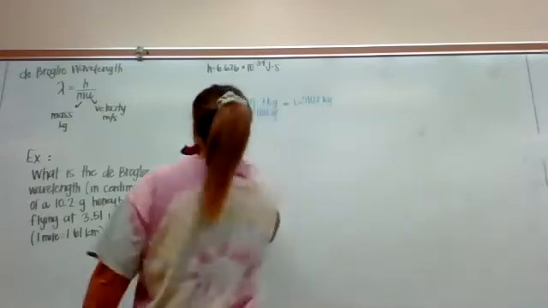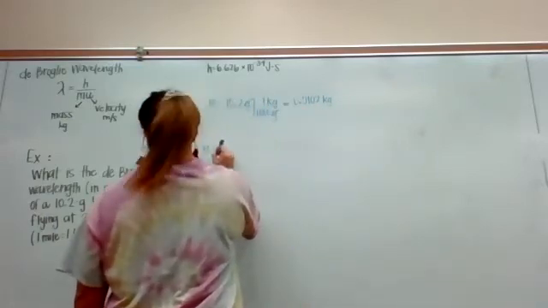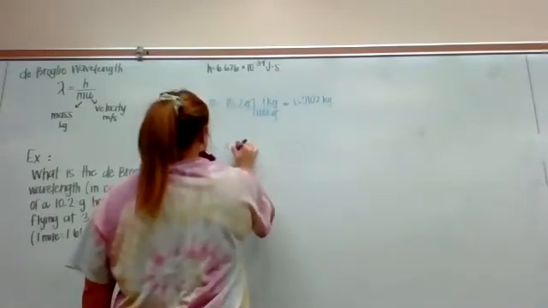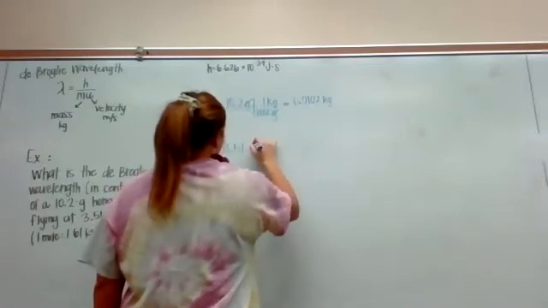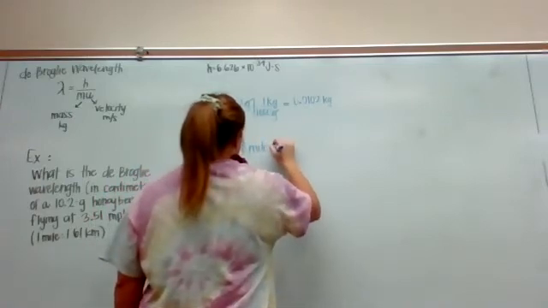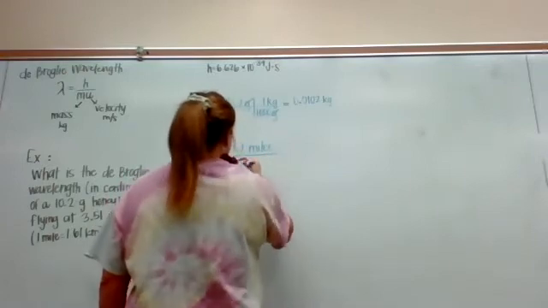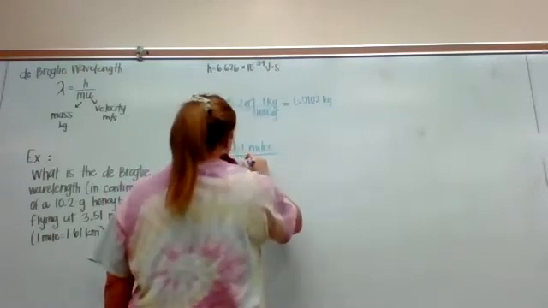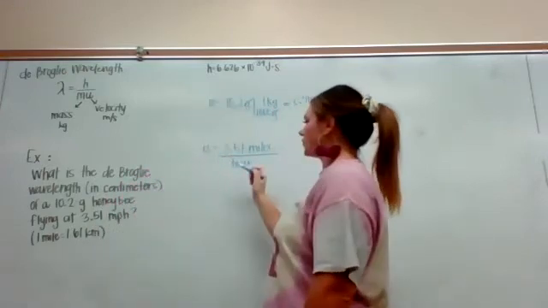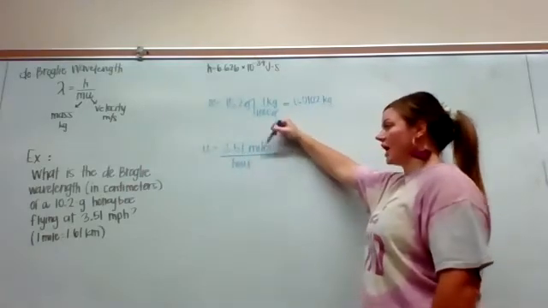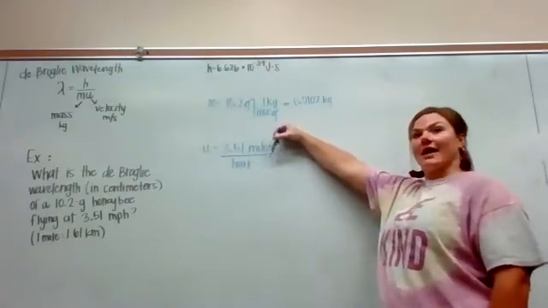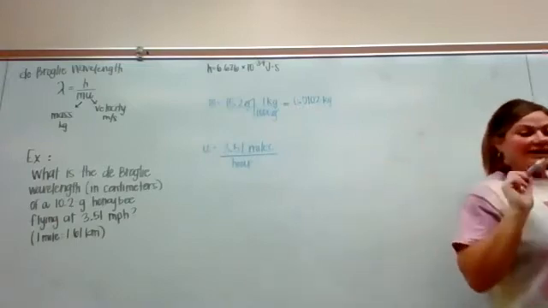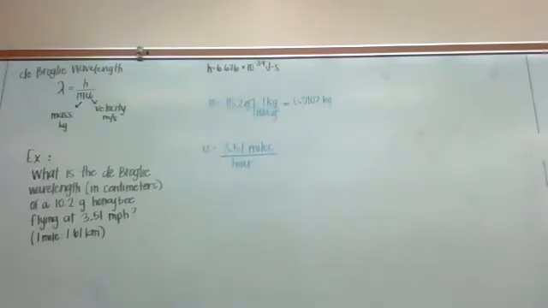Velocity. This is going to require some work. I'm going to write that as this: 3.51 miles on top per hour, so hour on bottom. I need to get this to meters per second.